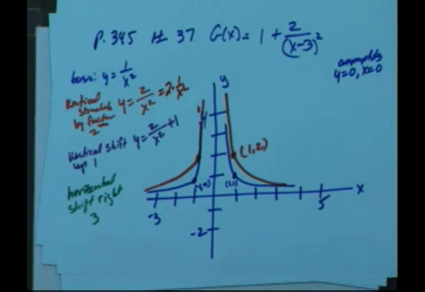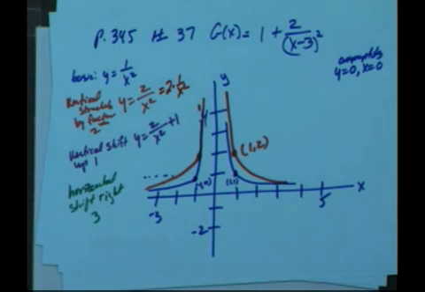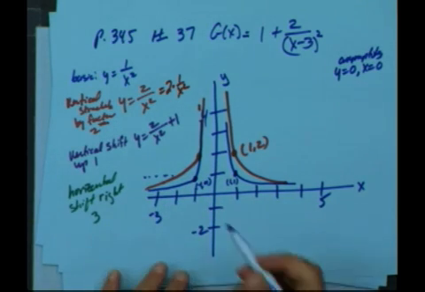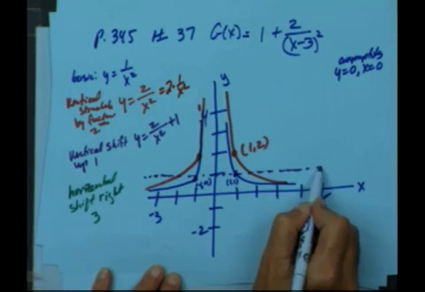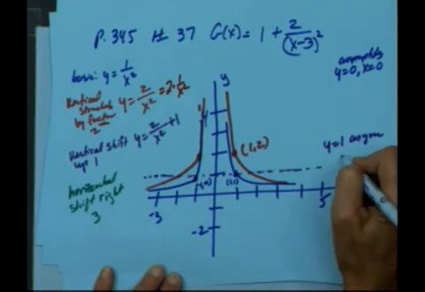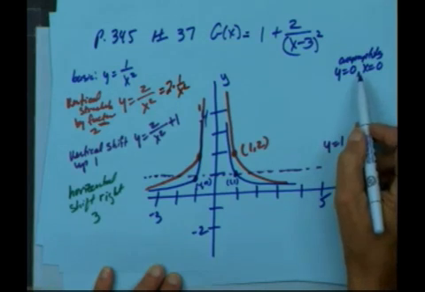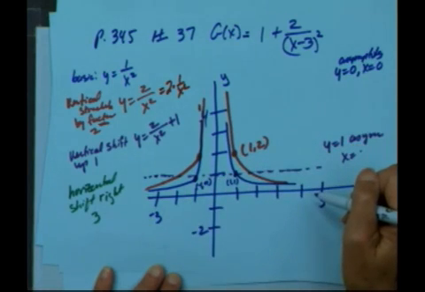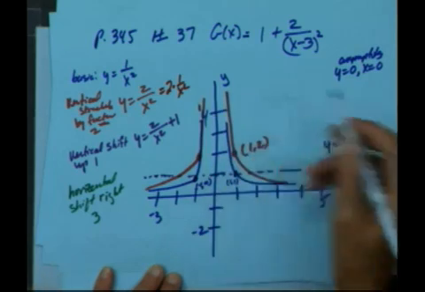Okay. All right, vertical shift up 1. That means all the y values are going to have 1 added to them. So what does that do to my asymptote? Move it up 1. y equal to 1 is an asymptote. And x equals 0 is the y-axis.